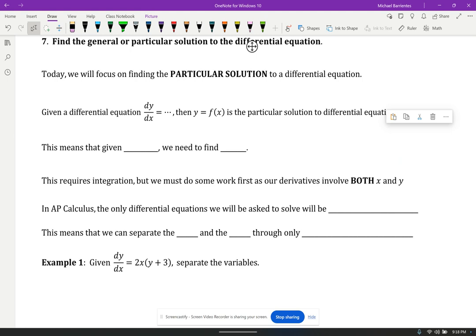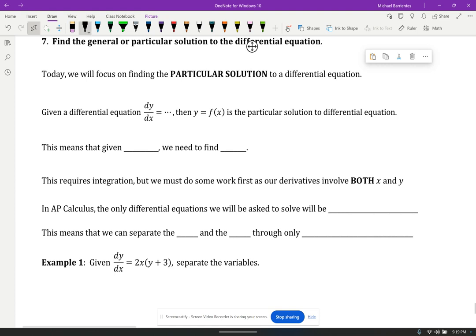So how this works is you will be given a differential equation, dy dx, and y would be the original function. That's the solution to the differential equation. You need to remember that whenever you're given differential equations and you're asked to solve them, the solution is the y equation that produced that dy dx equation.